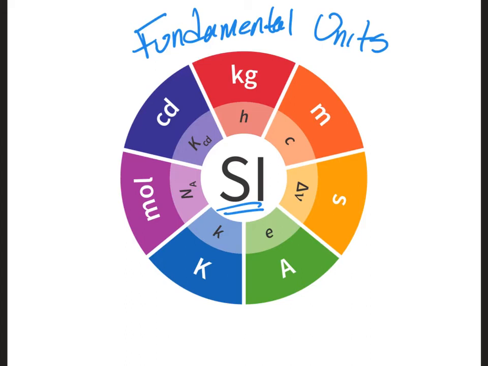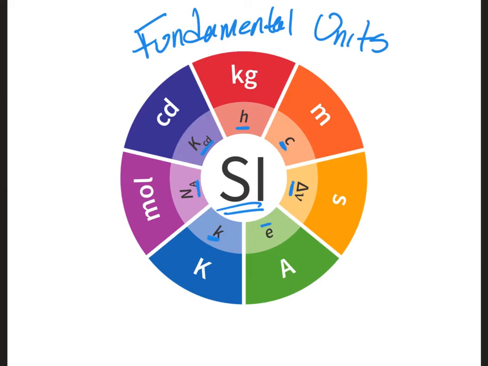Now, the second circle is actually the most important because all fundamental units, by definition, are derived from a fundamental constant. That's what that second circle is. That's what the center circle represents.